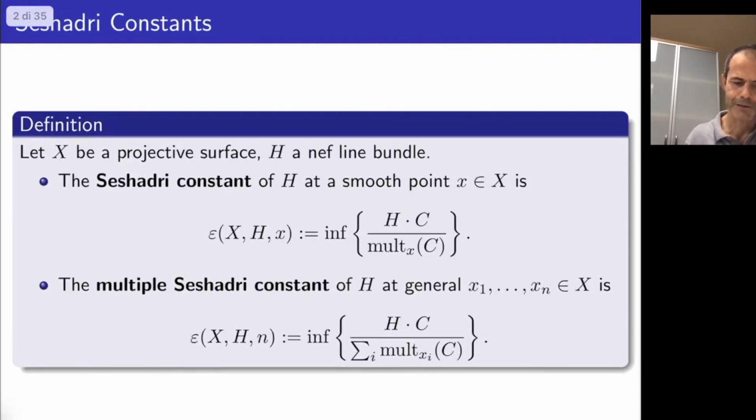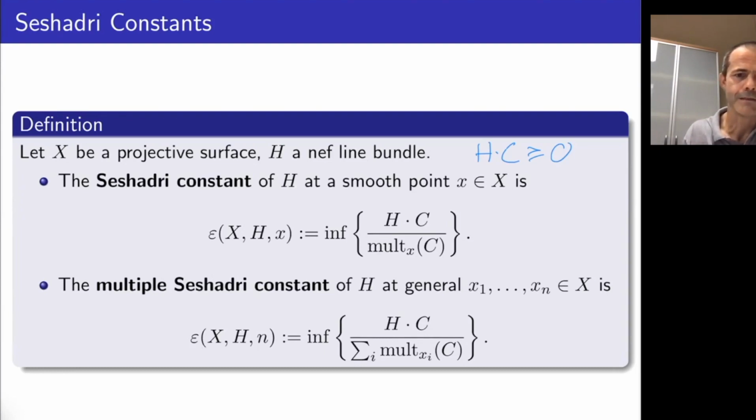So the definition: we could give a more general definition, but I decided to give this one for the case I'm interested in. We take a projective surface and a nef line bundle H, which means that the intersection product with any curve is non-negative.